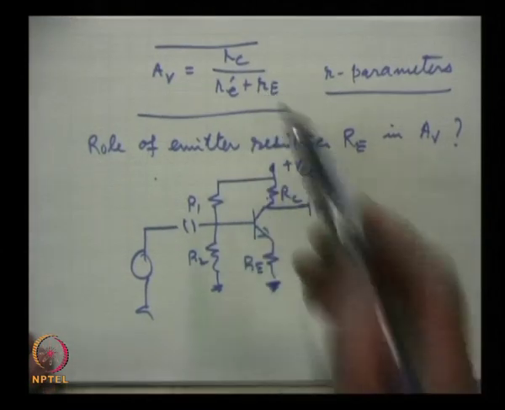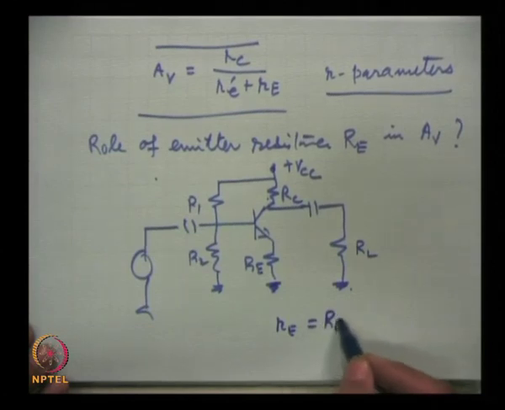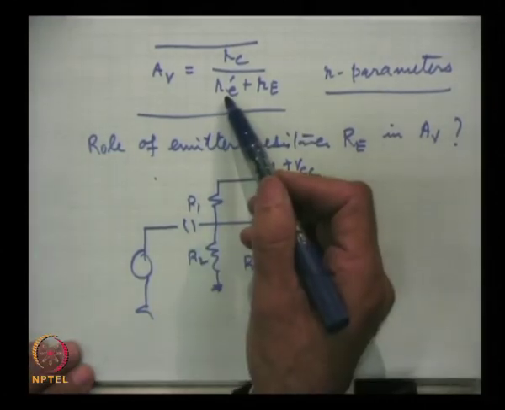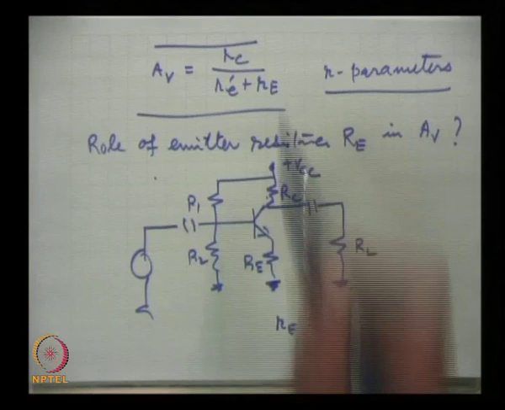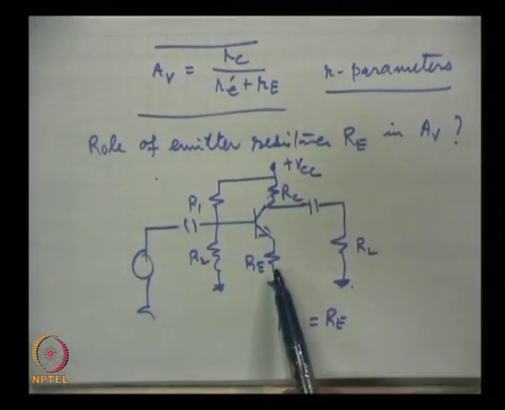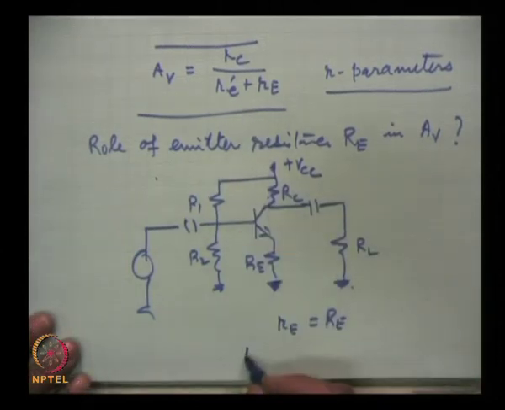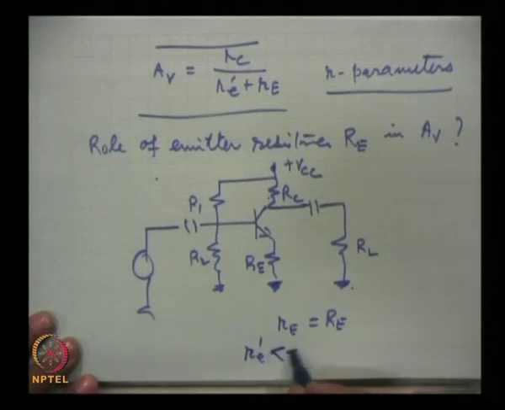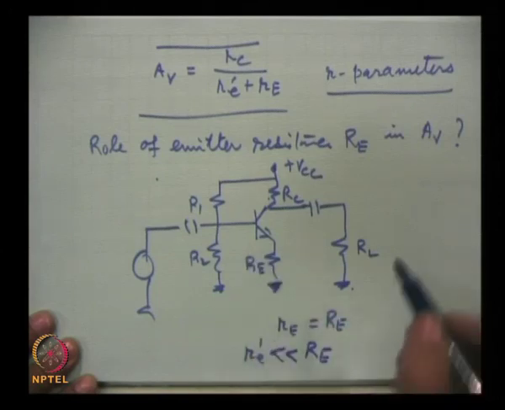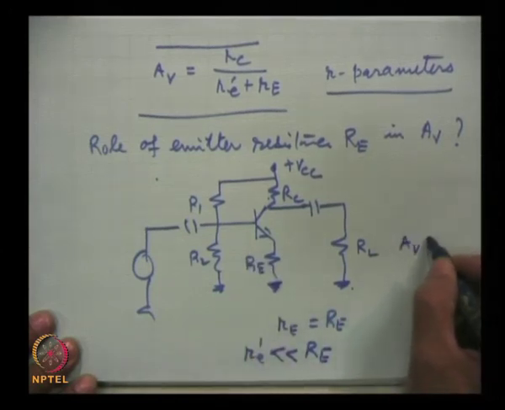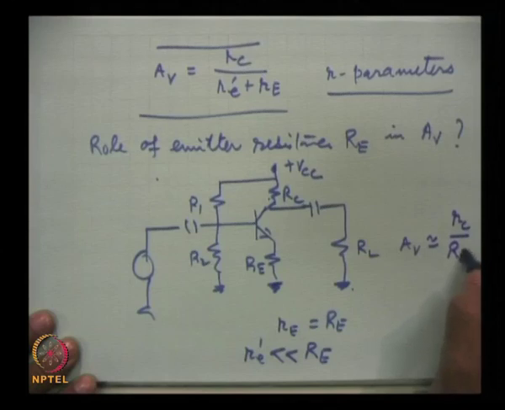In that case, this Re will be equal to Re, and this dynamic resistance is only a few tens of ohms, just 10, 15, 20 ohms, while Re we will be using say 500 ohms, 800 ohms, 1 kilo ohm. So, in this case Re prime is very small in comparison to the resistance we are using, and we can neglect it. Then the voltage gain will be close to Rc by Re.